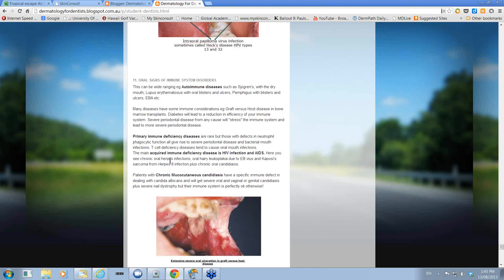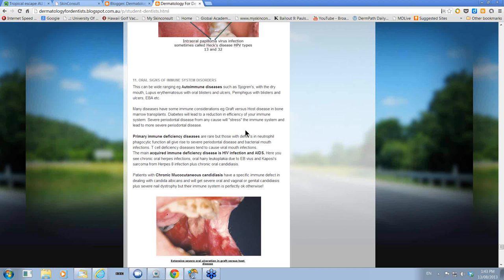We also mentioned cytomegalovirus infection. I think we mentioned an increased incidence of lymphomas in some of these patients, and also chronic oral candidiasis, and then that rare condition of chronic mucocutaneous candidiasis presenting as severe candida infections in various parts of the body and the nails.